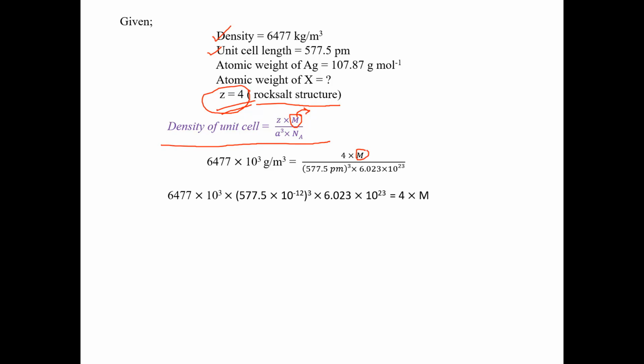Here we have changed the unit from kilogram per meter raised to 3 to gram per meter raised to 3, as we have to find the final answer in gram per mole.